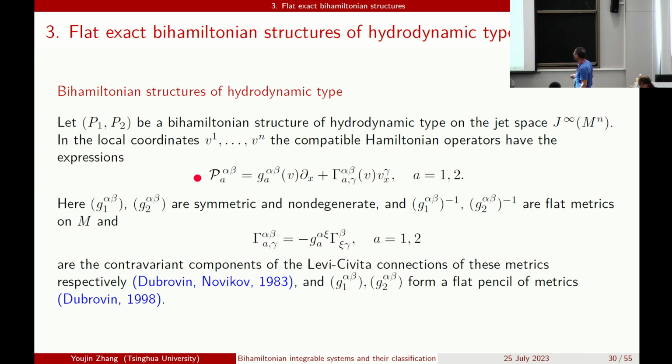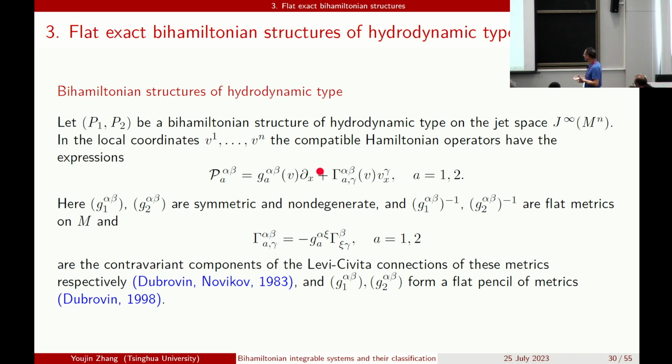Then these Hamiltonian structures P1 and P2 can be represented by two Hamiltonian operators of this form. This form of Hamiltonian structures was studied by Novikov and Dubrovin in the 80s of the last century.